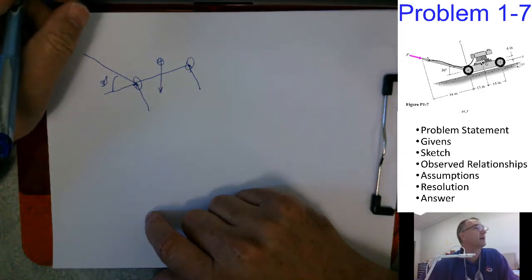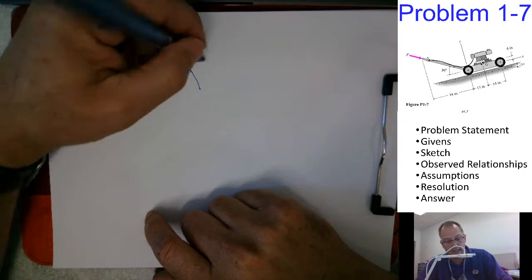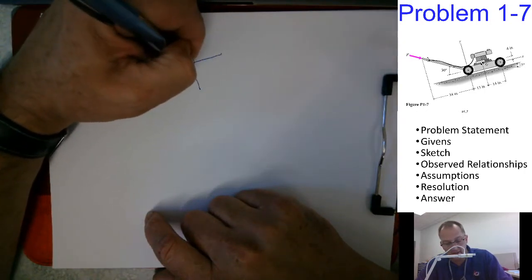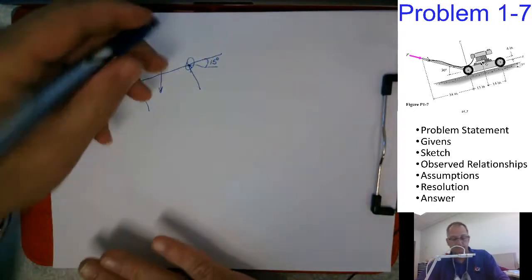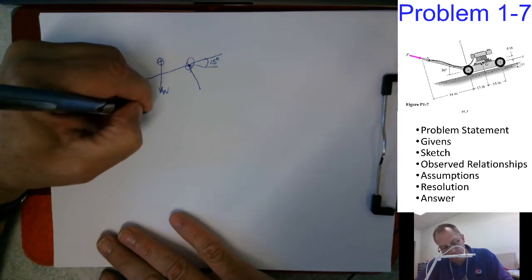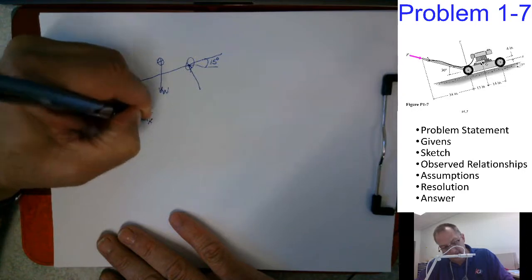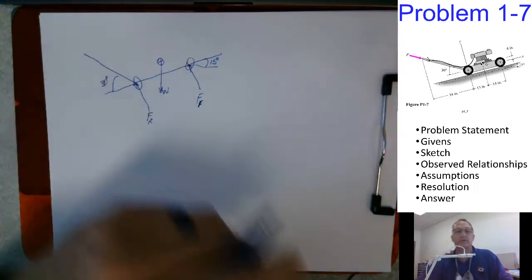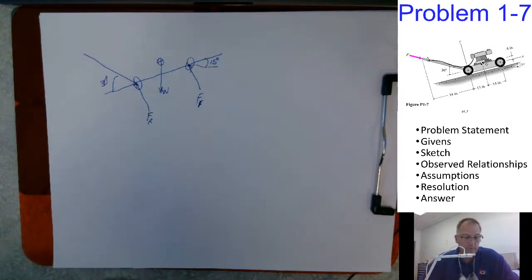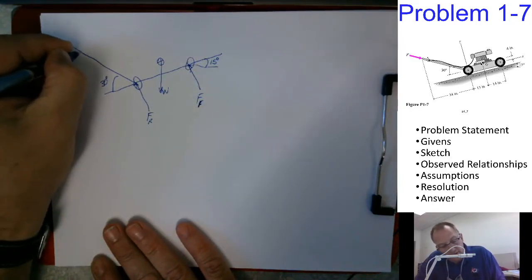I can see that from my diagram on the side. And I can also see that this compared to horizontal is 15 degrees. I'm going to label that. That's my weight force. That's the force in the rear. That's the force in the front. I'll make sure this is still labeled P.